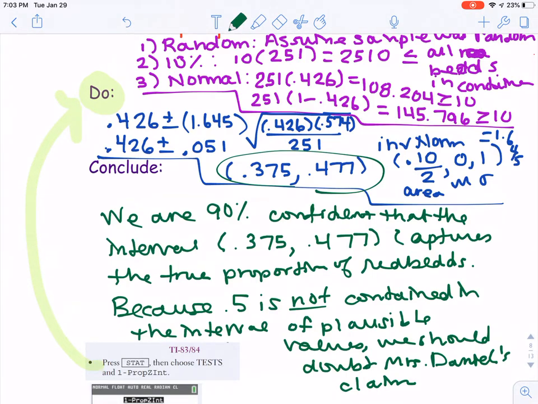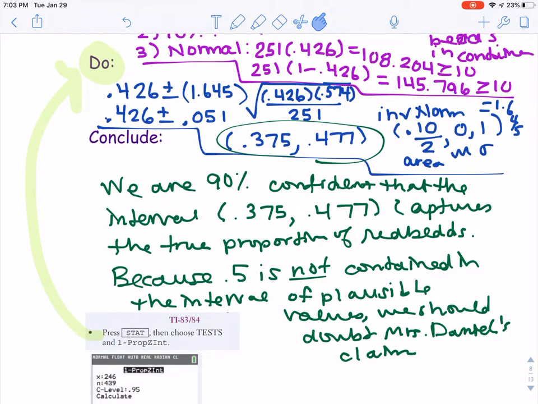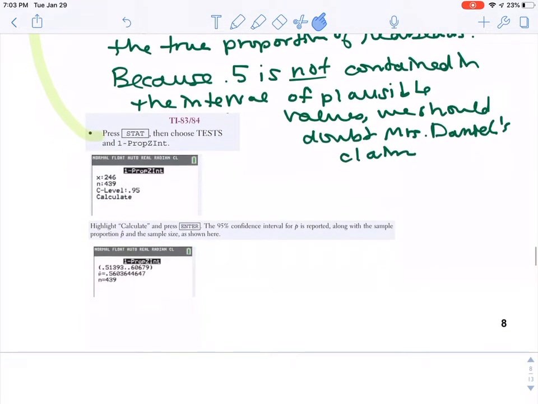And I really encourage you on the homework, unless the problems ask you to use the calculator, to try to use the formula, because you're going to run into lots of multiple choice questions. They're going to break down the mechanics of the formula, and if you're not comfortable using the formula, you're going to run into problems in some of the multiple choice questions. So don't do all the homework just with the do step of the calculator.